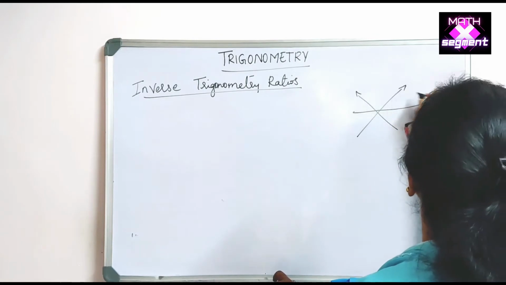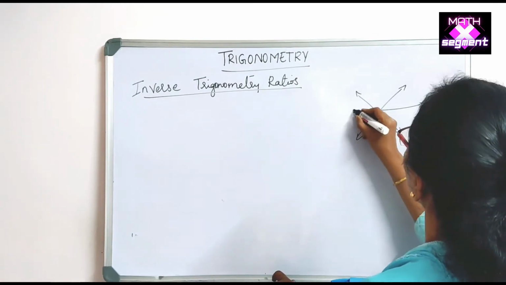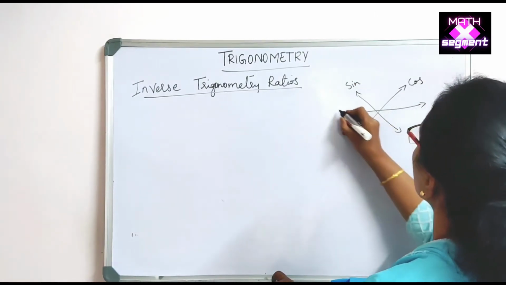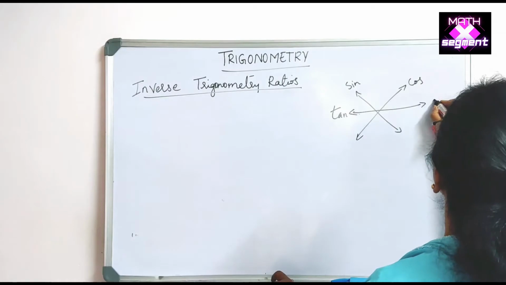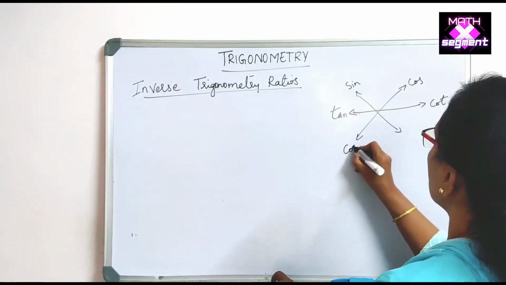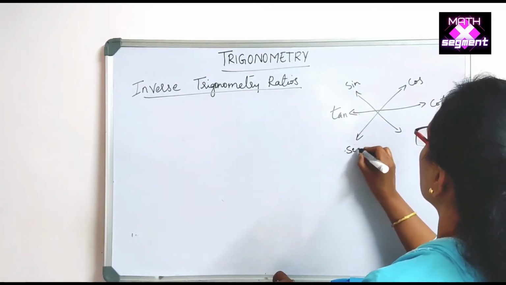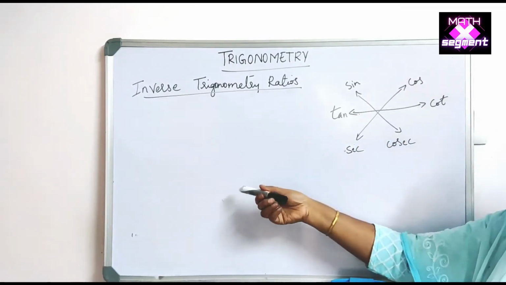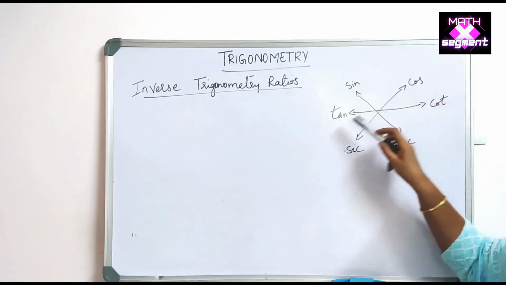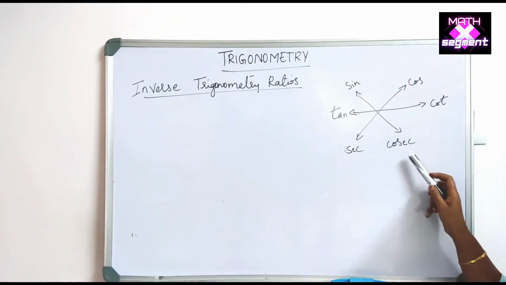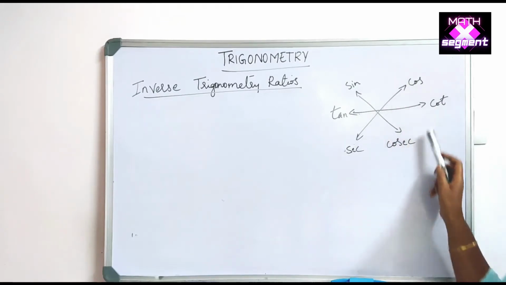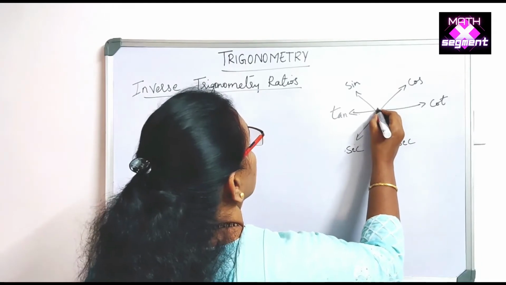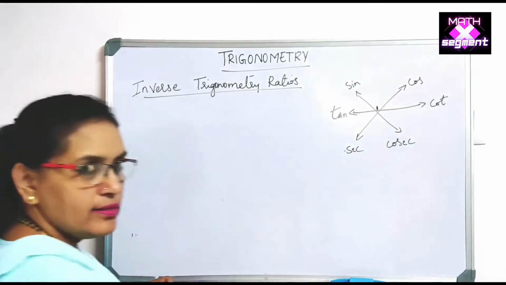We write sine, cos, tan, cot, secant, cosecant, and in the center you can write 1.